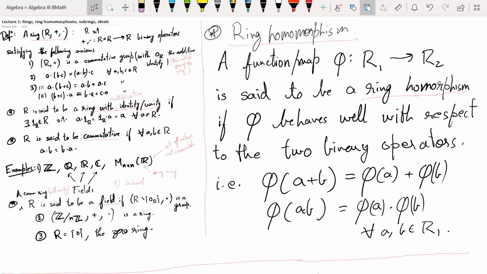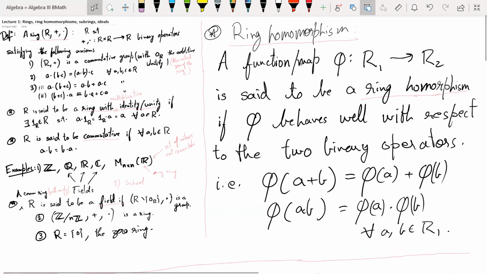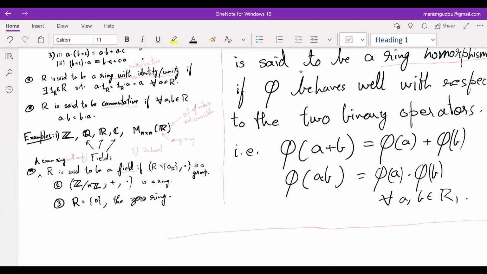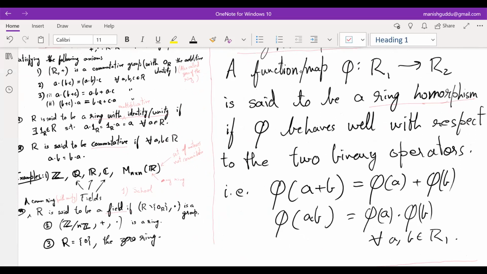Okay, now I'm going to define a ring homomorphism. A function or map phi from R1 to R2 is said to be a ring homomorphism if phi behaves well with respect to the two binary operators. This is how any homomorphism is defined between two algebraic structures: it should behave well with all the operations. In group theory there is only one binary operator. In fields you have two binary operators, a special case of ring.